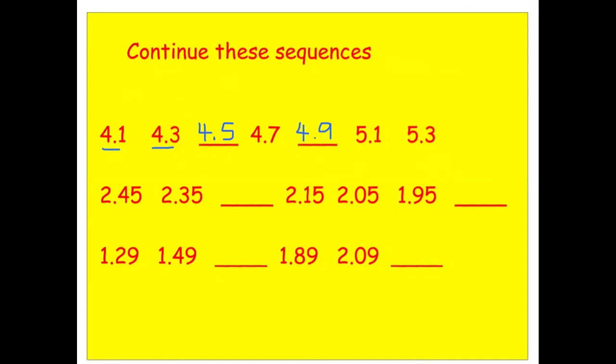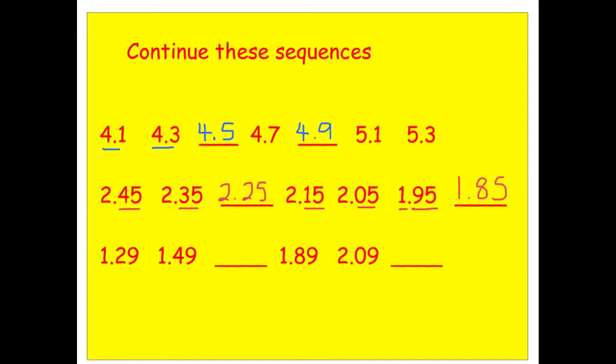My second question then. 2.45, 2.35, blank, 2.15, 2.05, 2.95. So if we look at the numbers after the decimals, we've got 45, 35, so we're going to have 25, that's 2.25, 15, 5, then we're down to 1.95, so it's going to be 1.85.